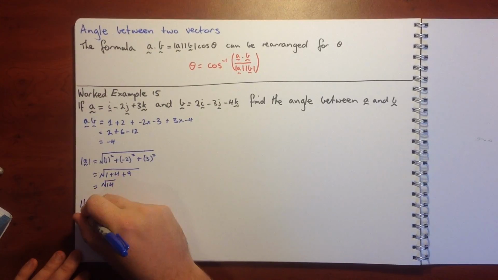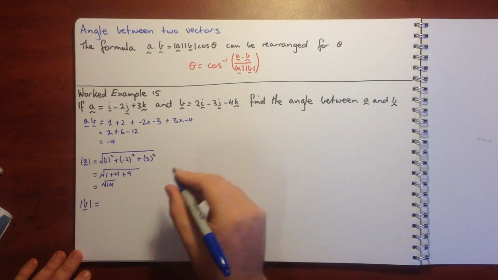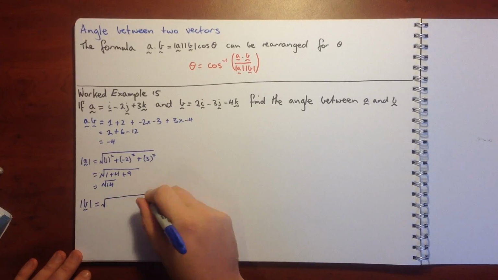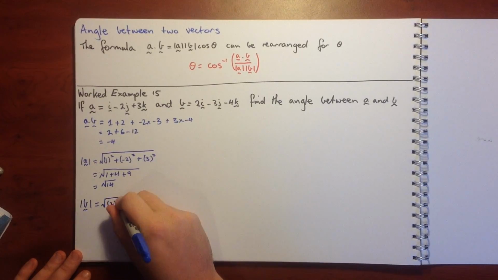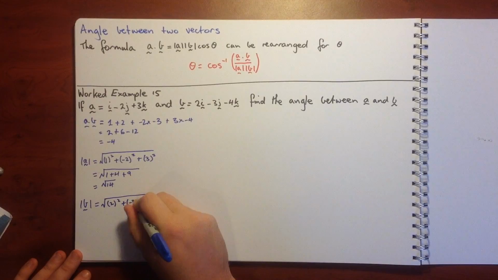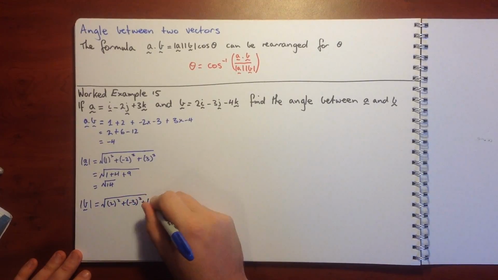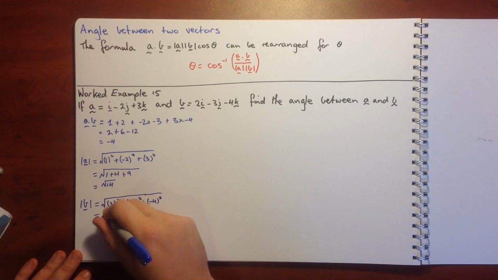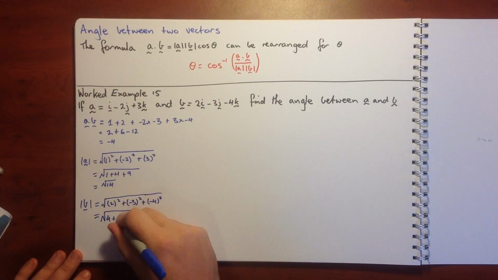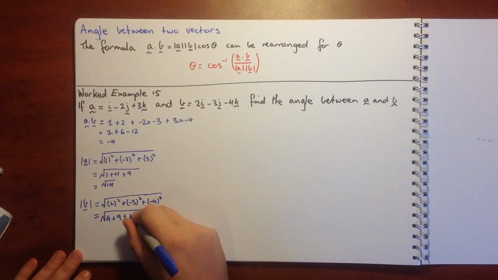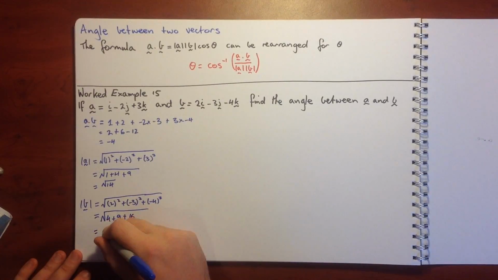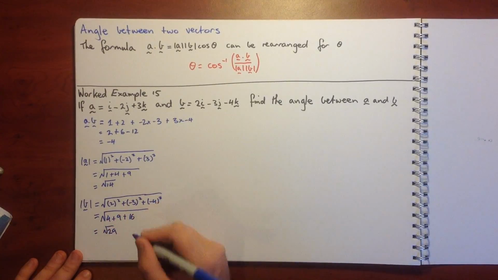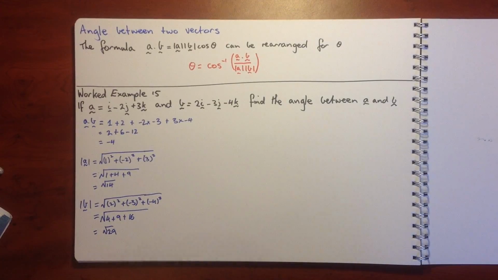And we say the magnitude of B, we do the same thing. We've got the square root of 2 squared plus minus 3 squared plus minus 4 squared, which gives us the square root of 4 plus 9 plus 16, which is the square root of 29.